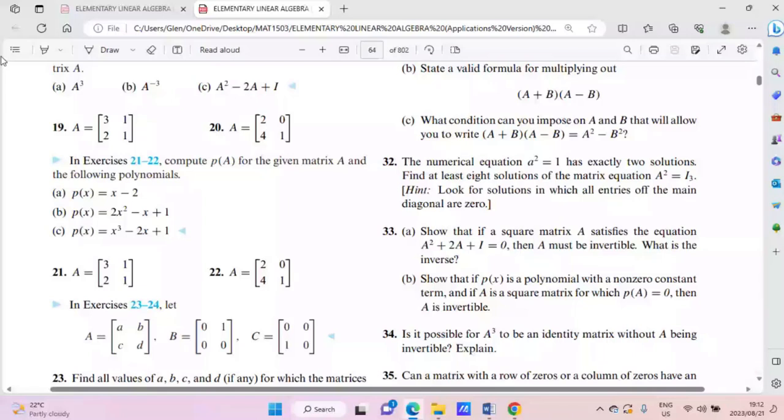Which topic will have the most marks in this module? There's the first part of inverses and matrices, then determinants, and then complex numbers. So which one has the most marks?